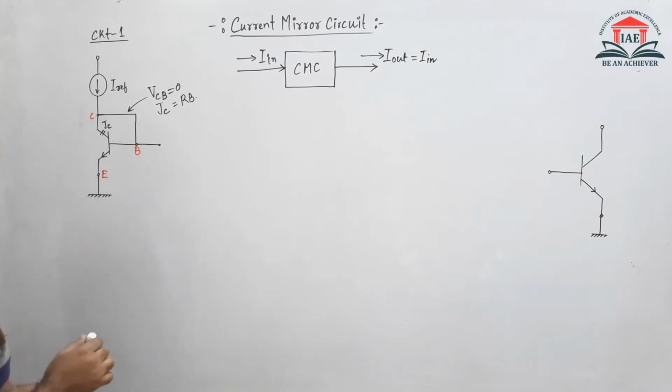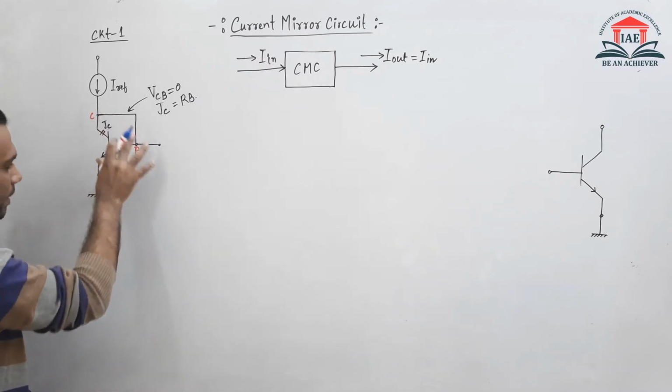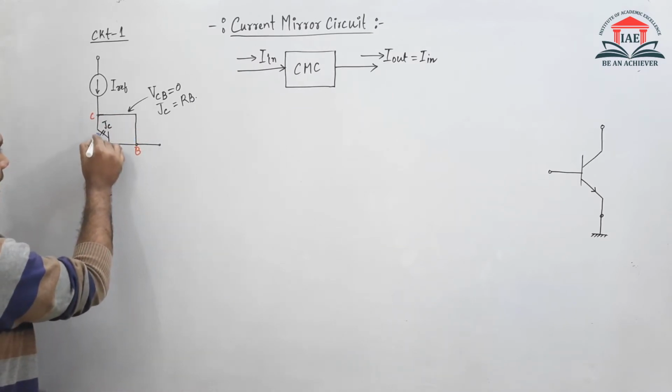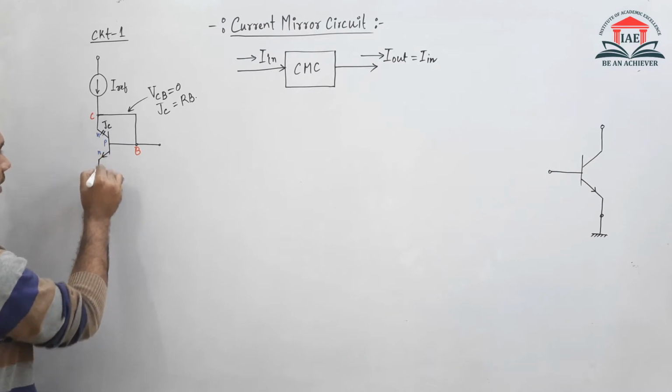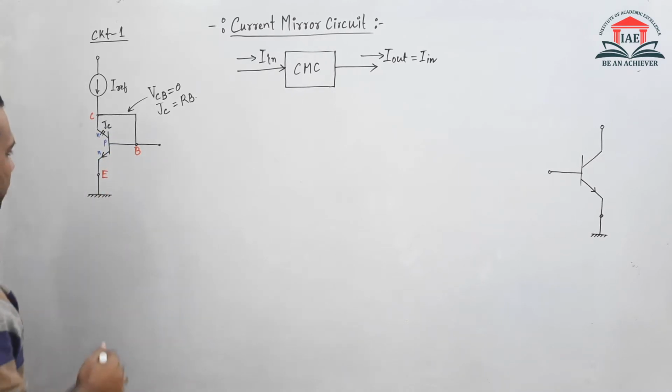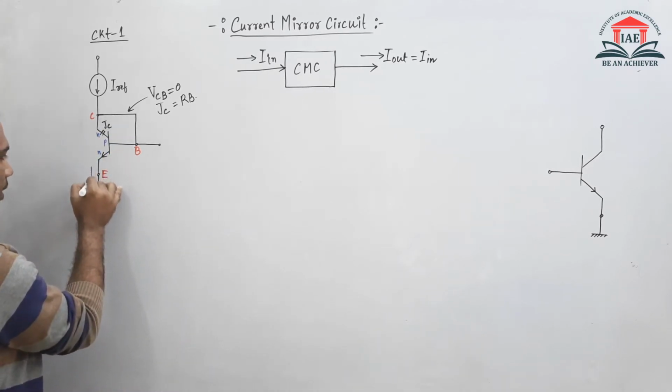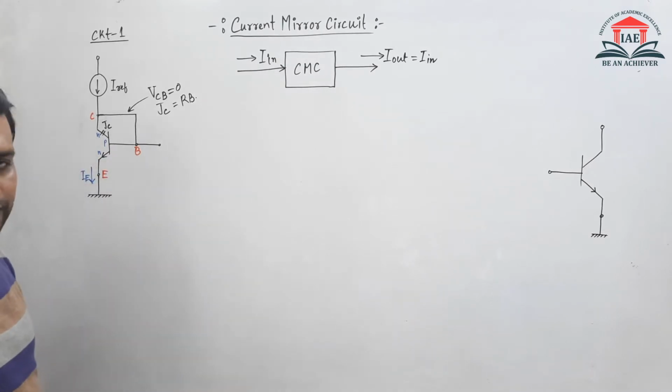Now let us take the currents. It is an NPN transistor, so this is N, this is P, this is N. In an NPN transistor, this will be the IE current, which will be in the outward direction.